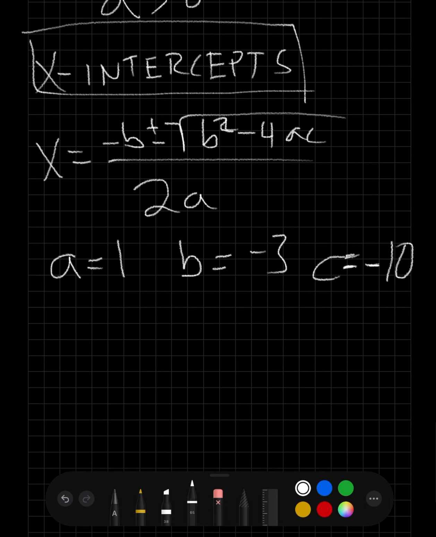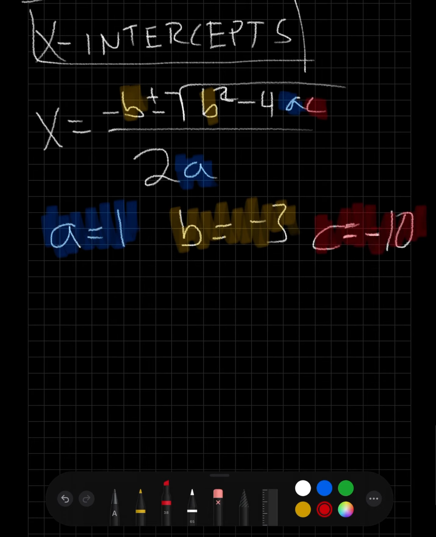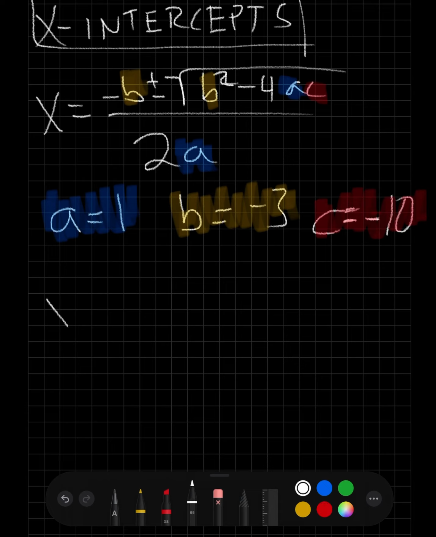So I have a is equal to 1, b is equal to negative 3, and c is equal to negative 10. And just to be super careful, I'm going to go through and say a is equal to 1. So that should go here and here. B is equal to negative 3. So that should go here and here. And C is equal to negative 10. So that should go here. So I'm going to plug in those values.